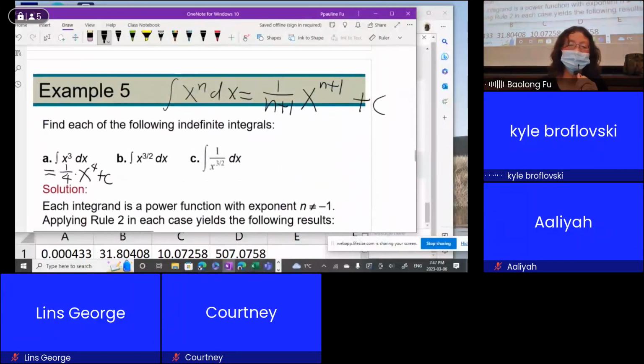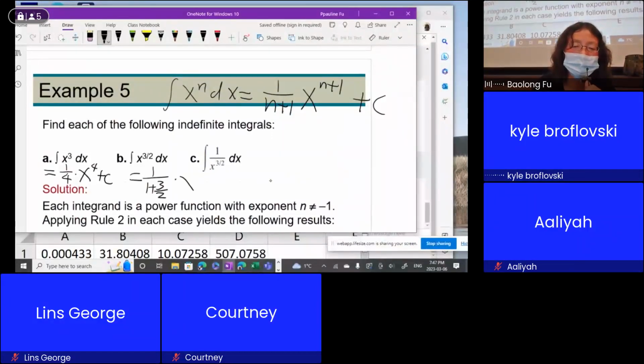And question B, n equals 3 over 2, so it equals 1 over 1 plus 3 over 2 times x raised to power 3 over 2 plus 1 plus c.